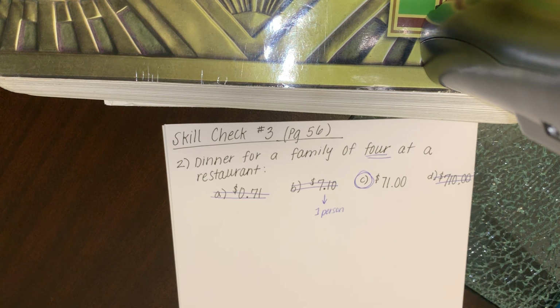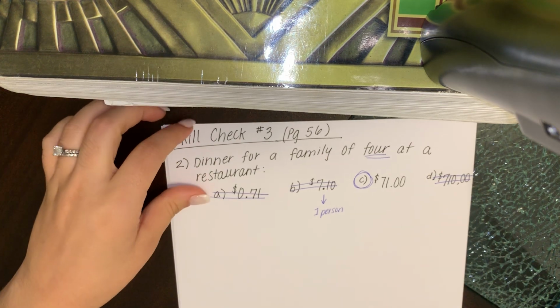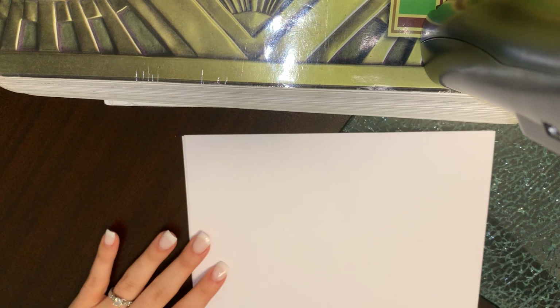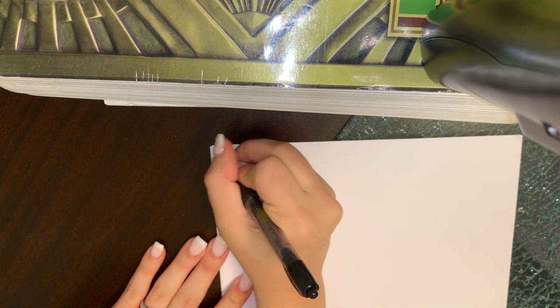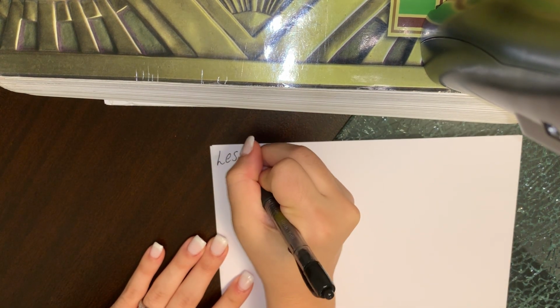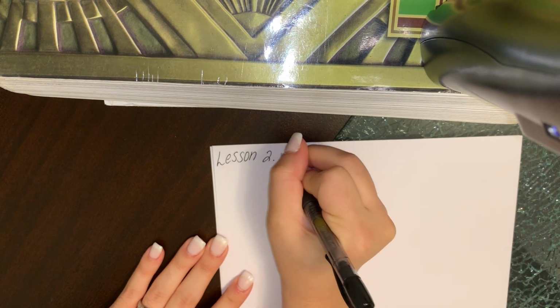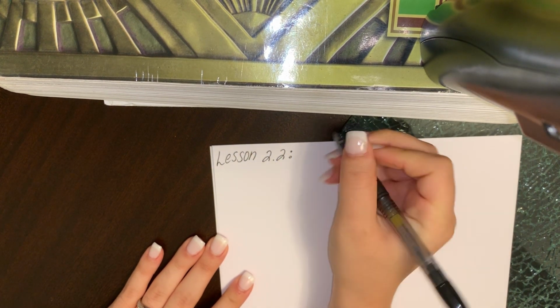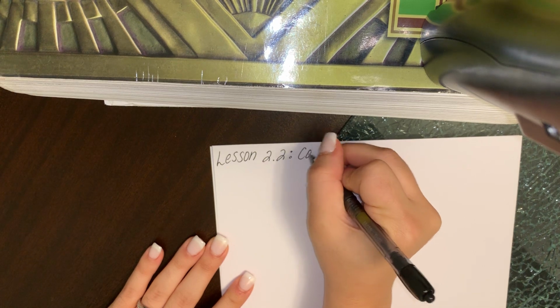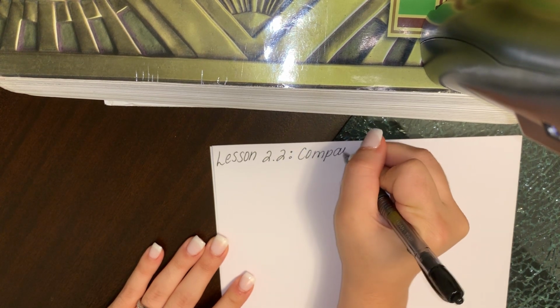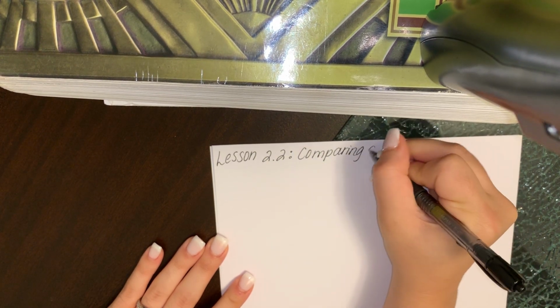Okay. So what I'm going to do now is go to lesson 2.2. I'm going to move this page here. And you can title this lesson 2.2, which is called comparing and rounding.